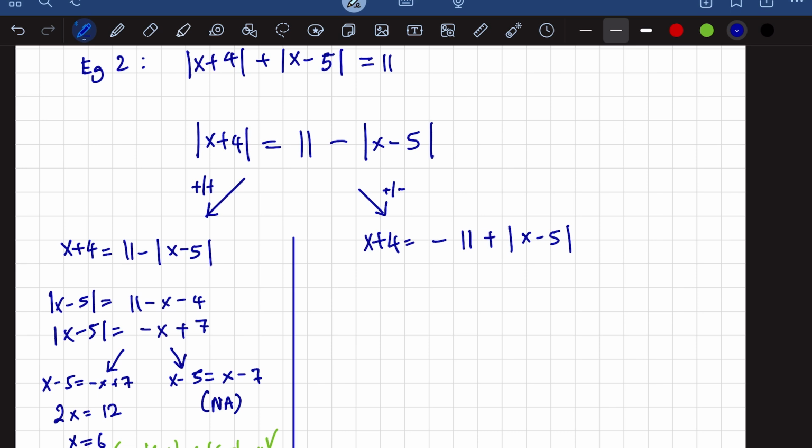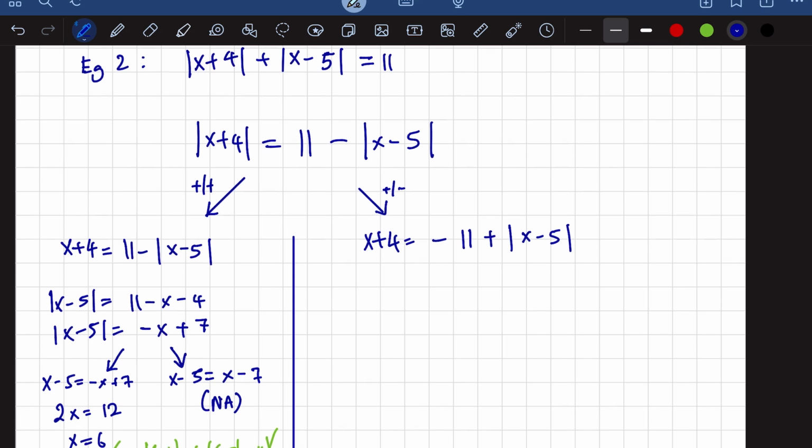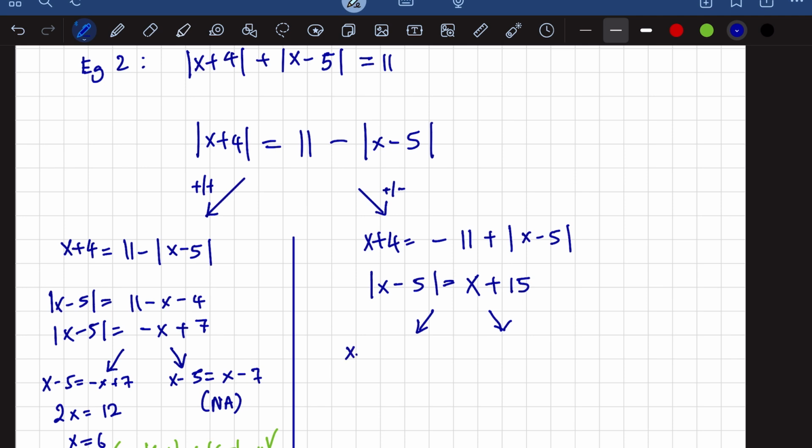Now let's solve the one on the right. We again have to isolate |x - 5|. So |x - 5| essentially is equal to x + 15. Okay. Now from here we have to split to double check the various possible scenarios. So the plus version will be x - 5 = x + 15.